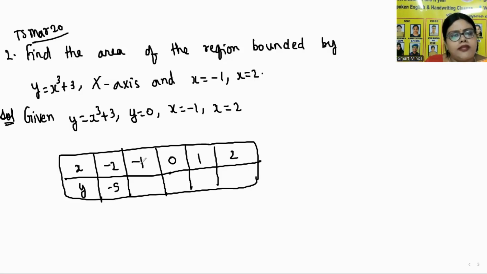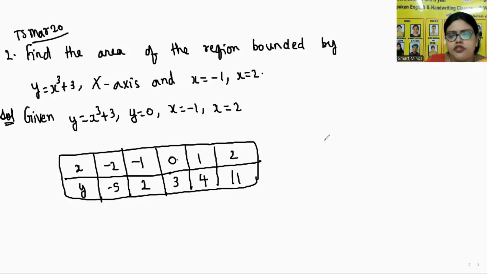Then if x is -1, x cube will become -1, -1 plus 3 is 2. If x is 0, 0 cube is 0, 0 plus 3 is 3. If x is 1, 1 cube is 1, 1 plus 3 is 4. If x is 2, 2 cube is 8, 8 plus 3 is 11.